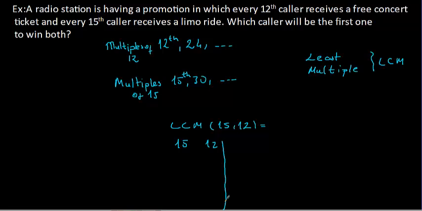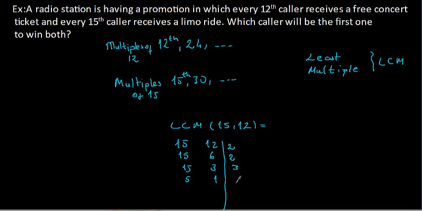We are going to get the prime factors. 2 divides only 12, 15 stays the same. When you divide by 2, 12 is going to be 6. And if you divide by 2 again, because 6 is still divisible by 2, 15 stays and here it's going to be 3. When you divide by 3 this time, because none of them is divisible by 2, this is going to be 5 and this is going to be 1.